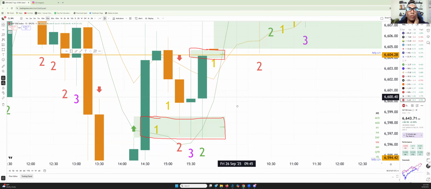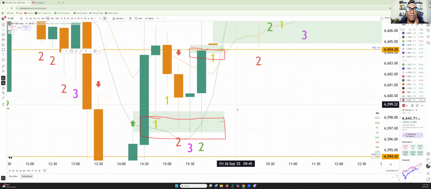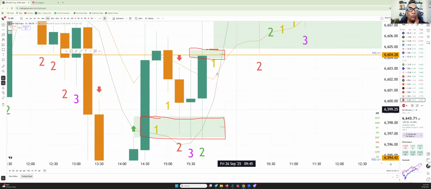So these fair value gaps are left behind because price is moving. What I've witnessed in the last several weeks in power hour is that after these fair value gaps are created, price is going to go back into these gaps to fill them.